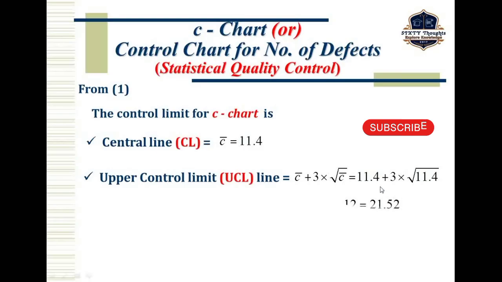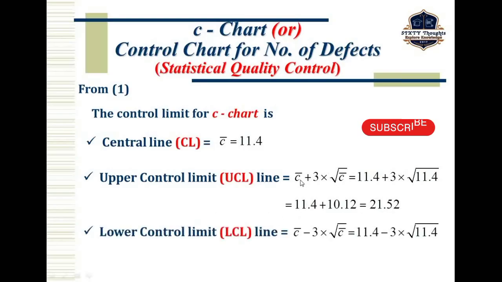Using a calculator, we simplify this term and get the upper control limit value 21.52. Similarly, the lower control limit is C bar minus 3 square root of C bar: 11.4 minus 10.12, which gives 1.08. Using these three values, I am going to draw the control chart for the C chart.